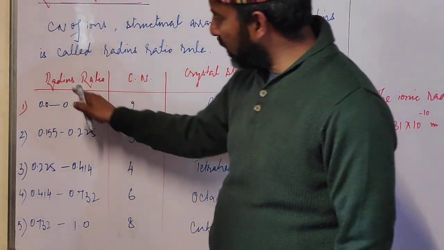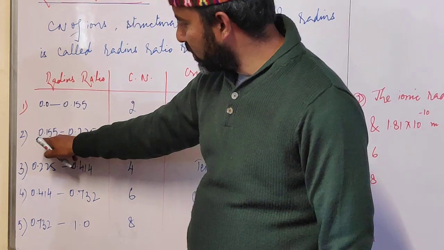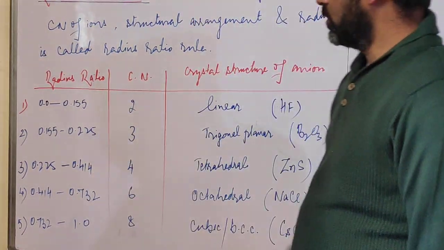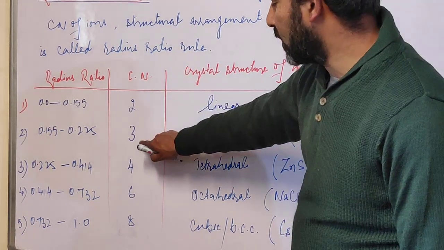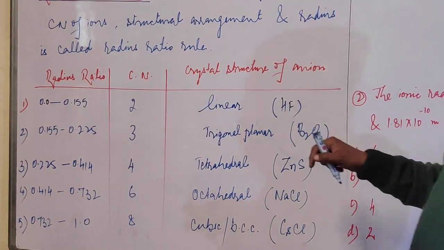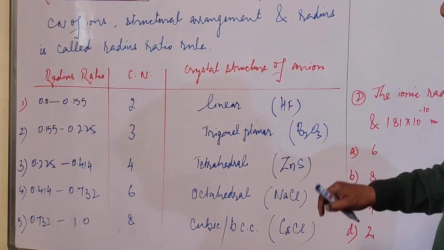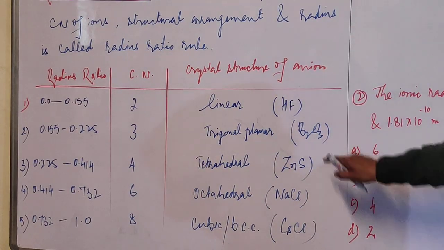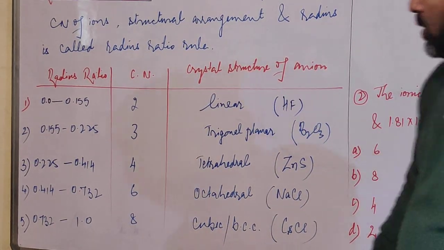Students, if radius ratio lies in the range 0.155 to 0.225, the coordination number of the cation in that arrangement will be 3 and the structural arrangement of the anions around that cation would be trigonal planar. The boric anhydride crystals have such arrangement.